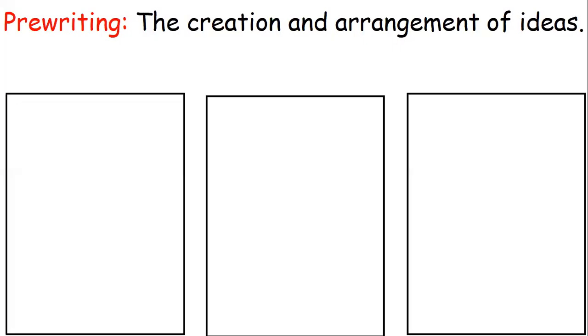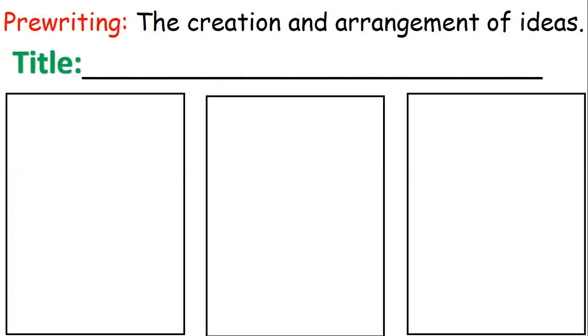Now the pre-writing. Pre-writing means the creation and arrangement of ideas. You have to arrange your ideas to write your story, okay? The first thing you have to do is put a title for your story.